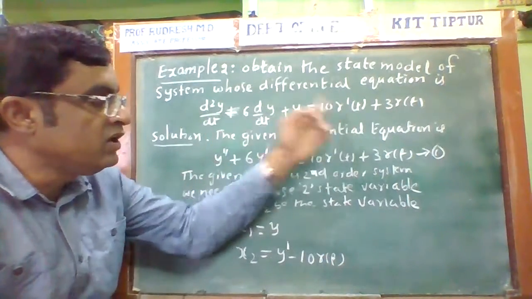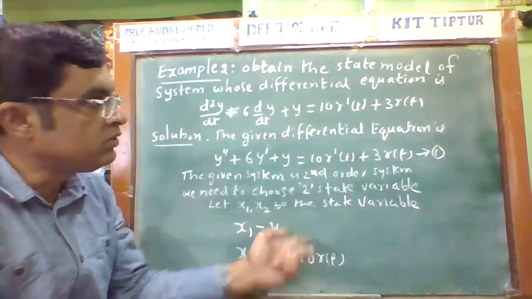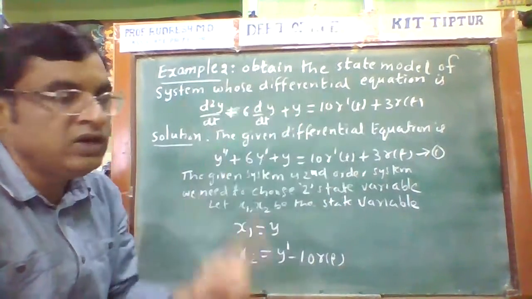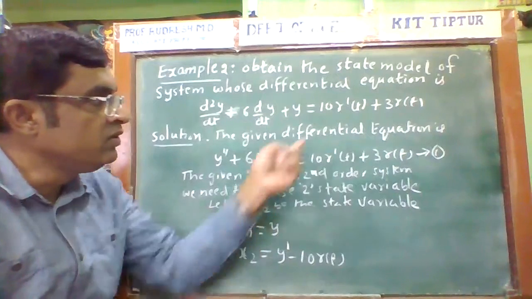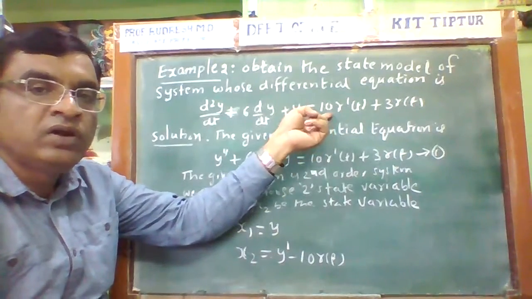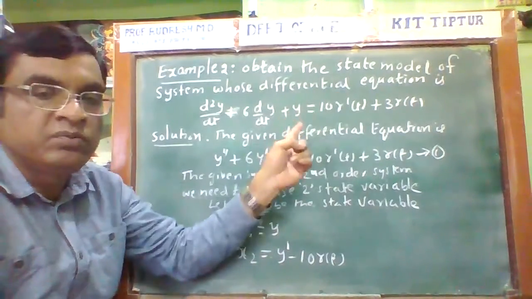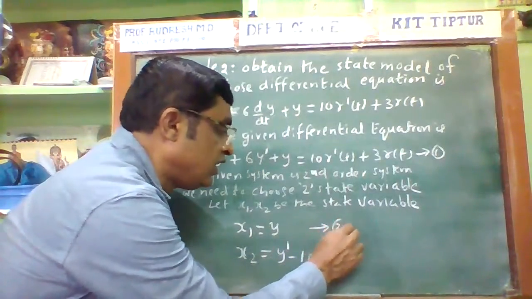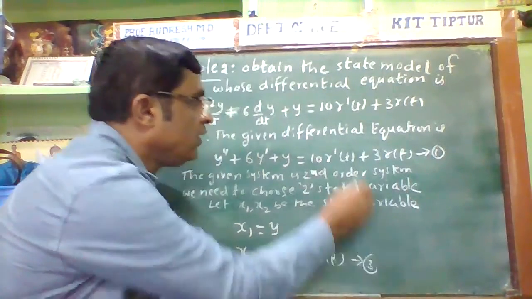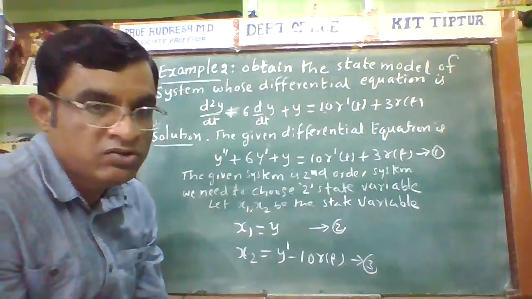If it is a single derivative, then we need to subtract this input value, because when I differentiate this equation 3, then automatically I should get the 10 into r dash of t.